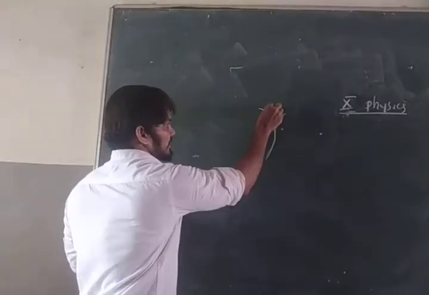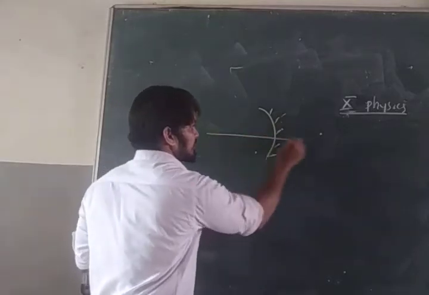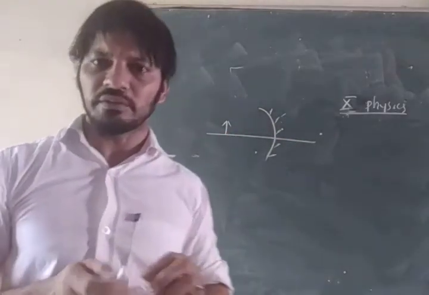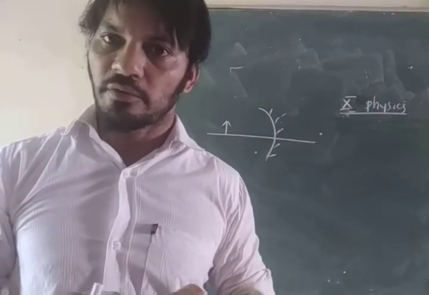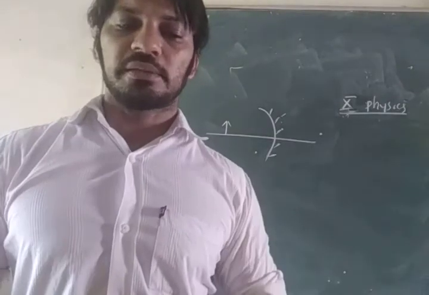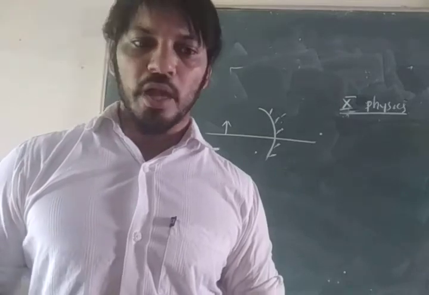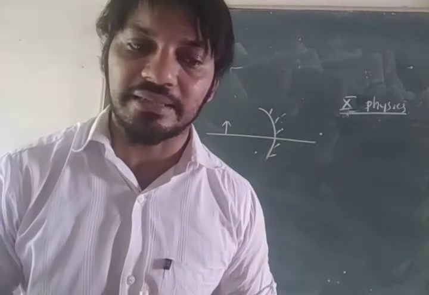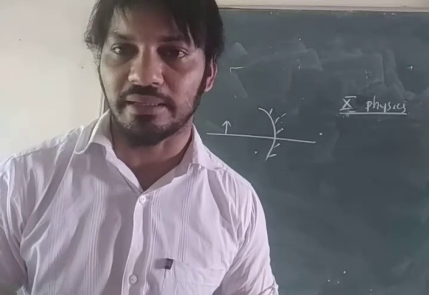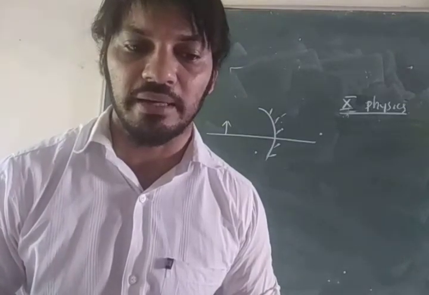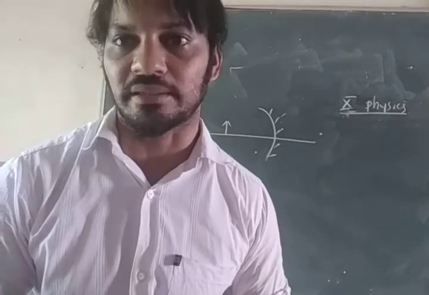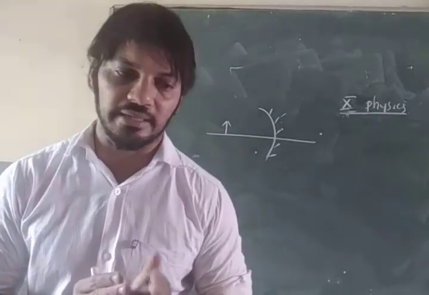Object is always kept in front of the mirror only. When an object is placed in front of the concave mirror at a distance 30 centimeter from the mirror, an image is obtained on the screen at a distance 20 centimeter. Don't confuse, okay?